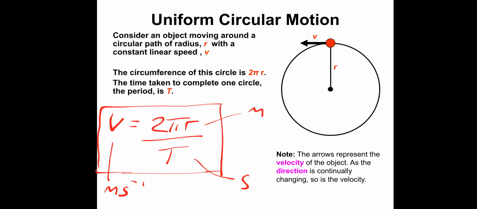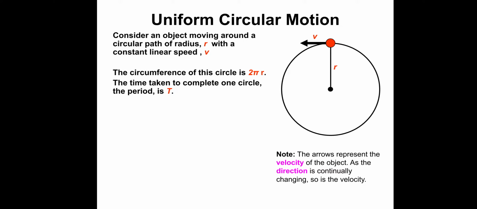If you want to write that down, then I'm going to give you a different version. Before I remove that, you should know that the time period is equal to 1 over the frequency, or frequency is 1 over T, and we'll need that as well. So the equation we've got, v equals 2πr over T, if we sub in T equals 1 over f, we end up with another equation for velocity, v equals 2πr times the frequency.